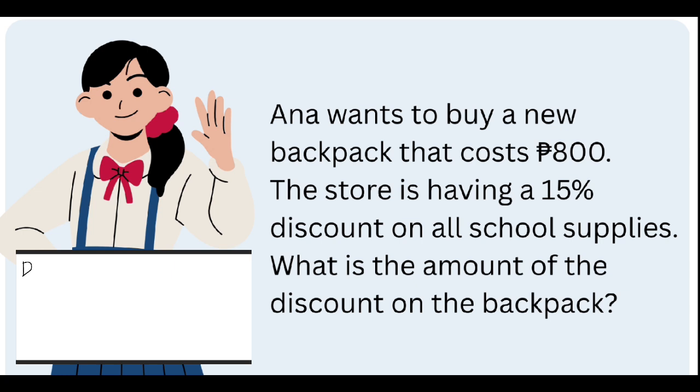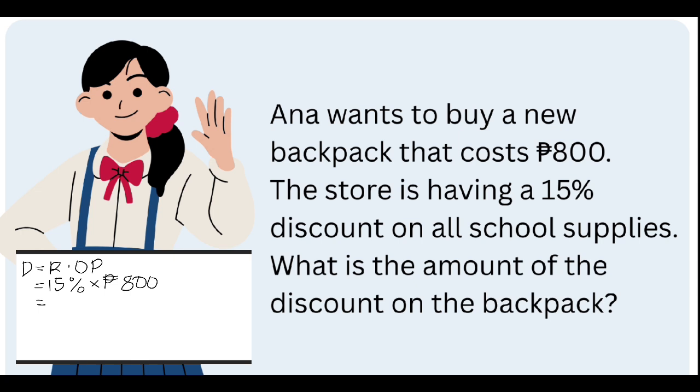D equals R multiplied by OP, wherein R is the rate and OP is the original price. In the given situation, our rate is 15%, and we will multiply it by the original price, which is 800 pesos.